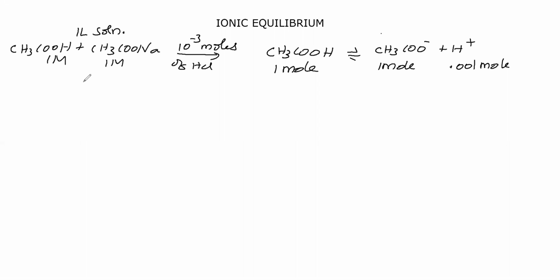Therefore, to the buffer solution we are adding acid, in the sense how much do we have to add? A small amount only. Sir, we are adding a small amount of HCl into the buffer solution. This HCl gives H plus ions into the buffer solution. The H plus given by HCl should not be present free in the solution.